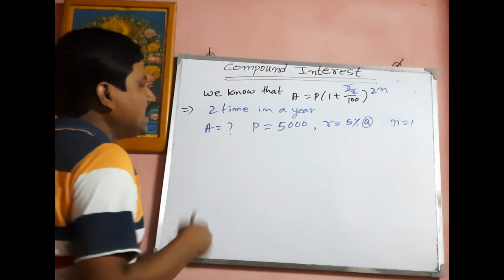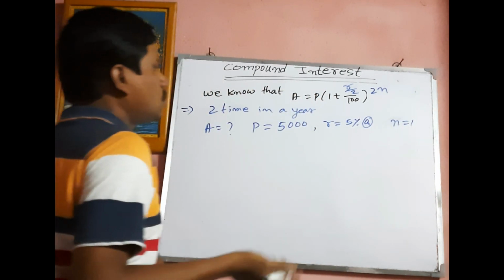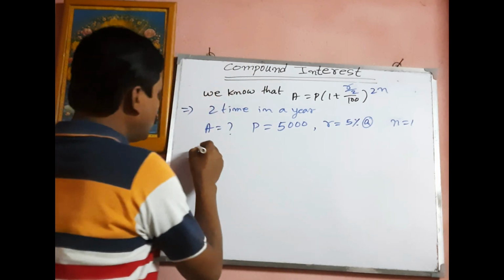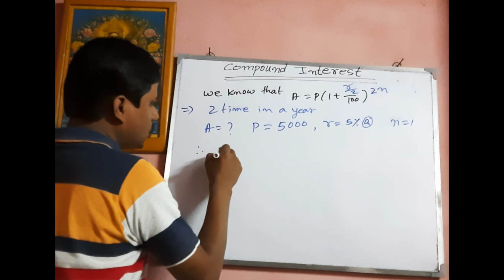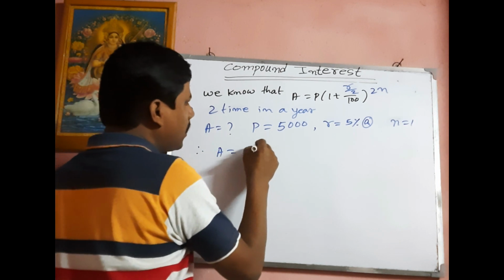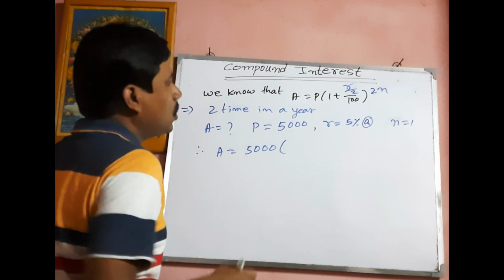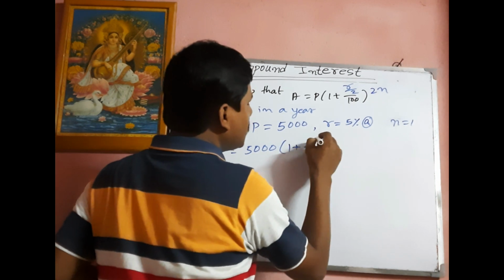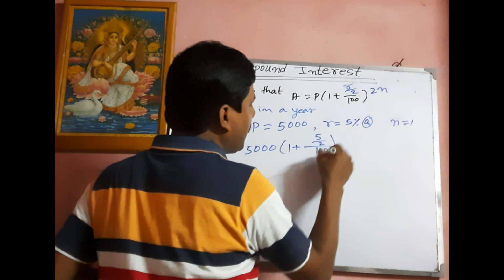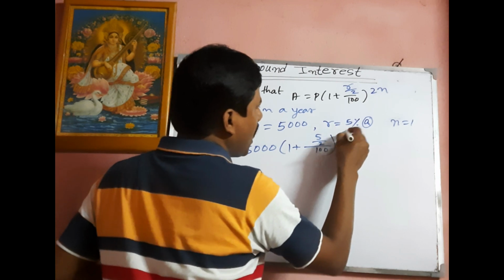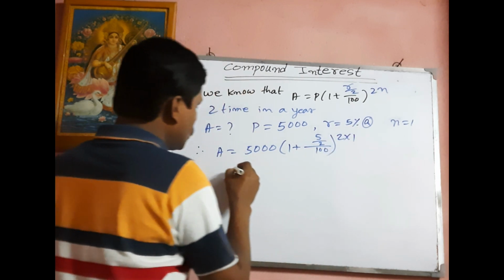So by the given information we are putting the value of P, R and N. So A is equal to 5,000 and this is R by 2, this is 5 by 2 divided by 100 and 2 into 1.